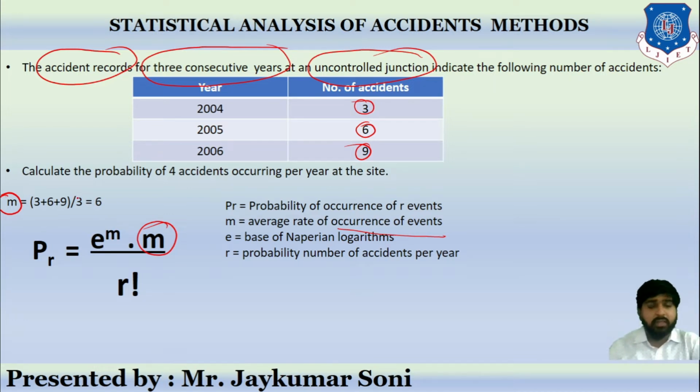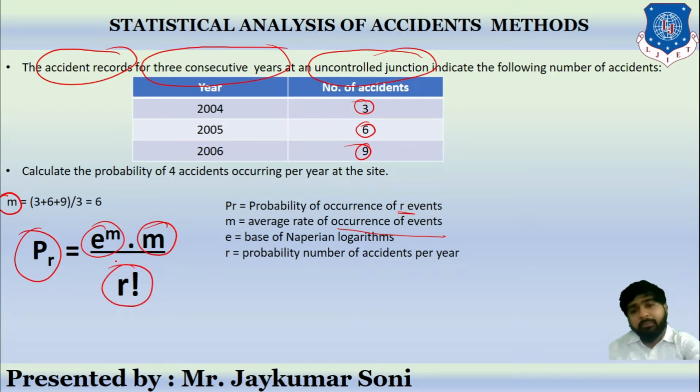So this is the equation. P(r) stands for the probability of occurrence of r events. e means the base of the Neperian logarithm, m means the average rate of occurrence, and r factorial relates to the number of accidents per year.